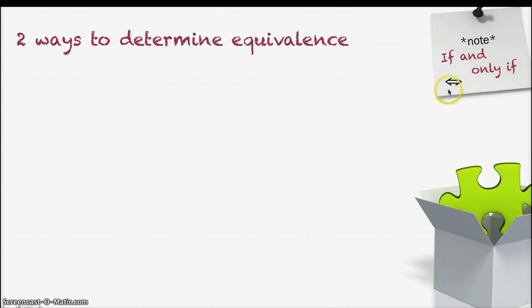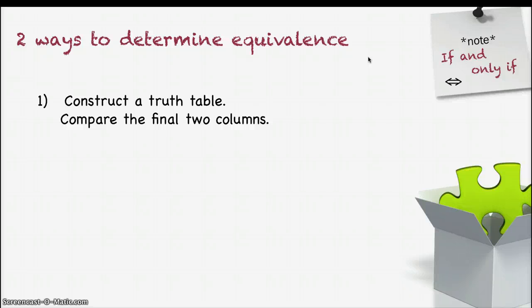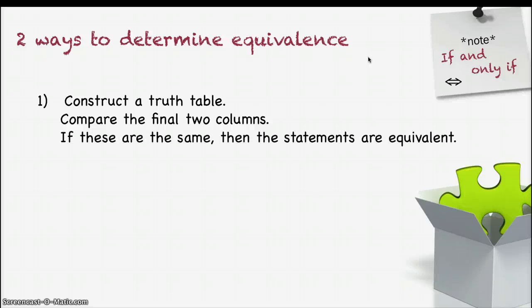We already discussed this when we did logically equivalent. There are two ways to determine equivalence. The first method is to construct a truth table, then compare the final two columns. If the values of your last entries are all the same, then the statements are equivalent.